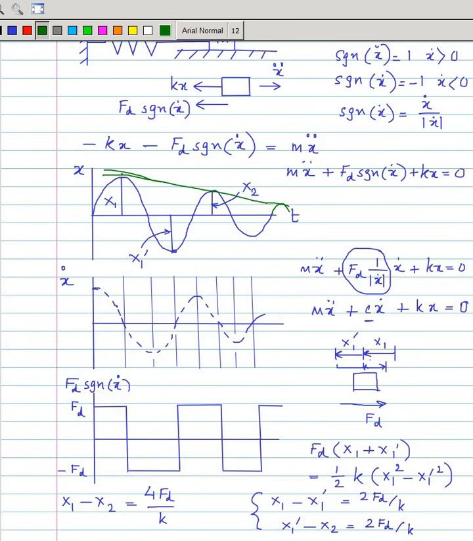Since the decreases are the same, in Coulomb damping the amplitudes decrease linearly, not in an exponential fashion as happens in viscous damping. So this is all about Coulomb's damping.